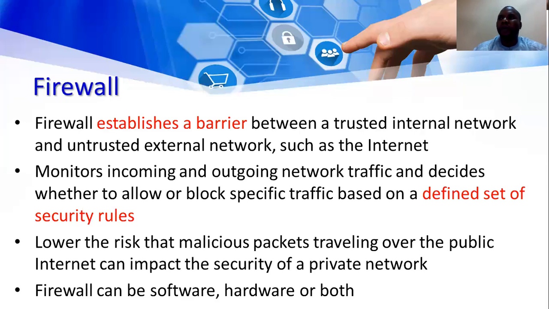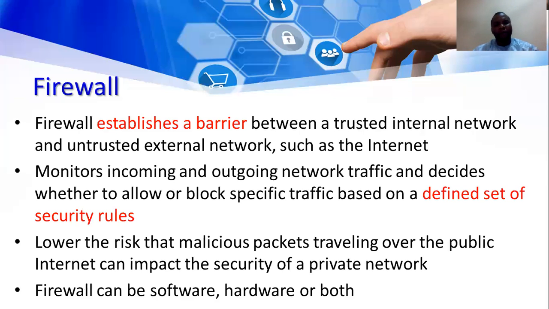Then you need to put in place a firewall. In fact, the first line of your defense against attack coming from an external network, which in this case we're considering the internet, should be that you put in place your firewall.